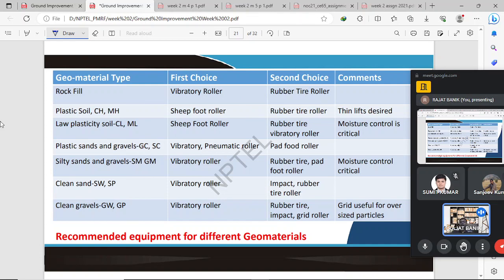For plastic soil and low plastic soil, like clay, high plasticity clay, high plasticity silt, or low plasticity clay or low plasticity silt, the sheepsfoot roller should be a great option.